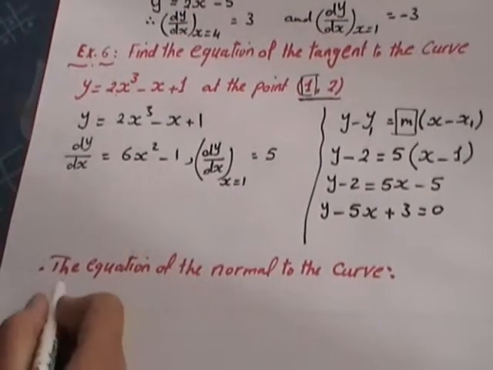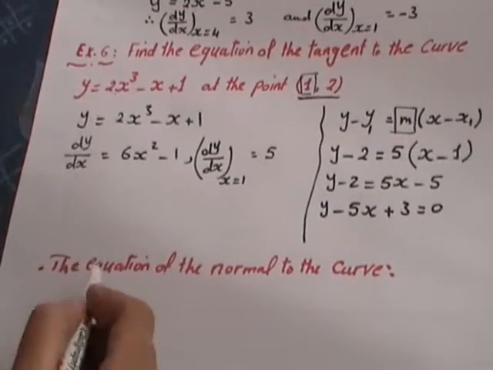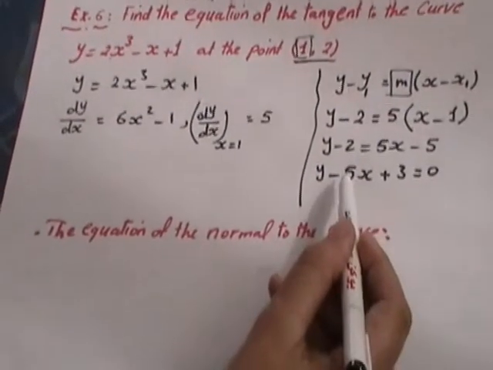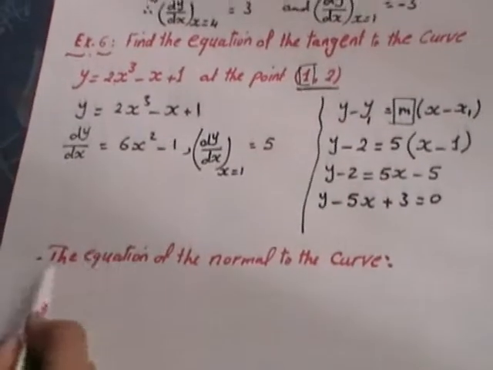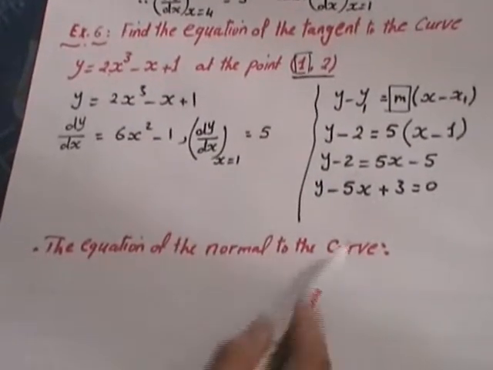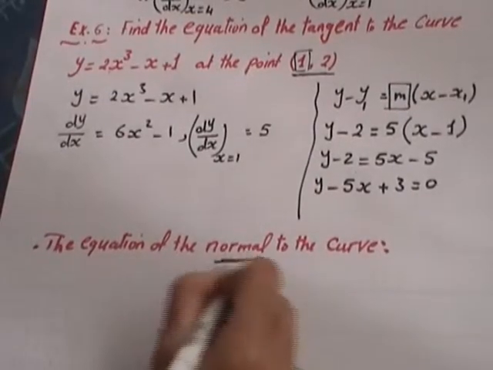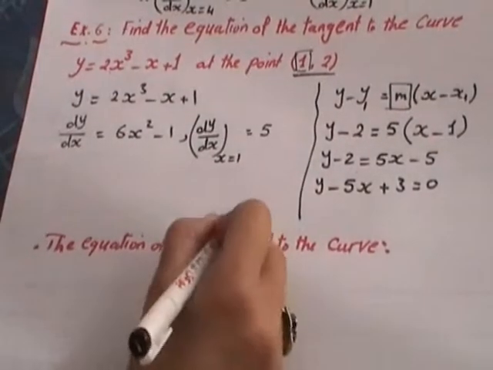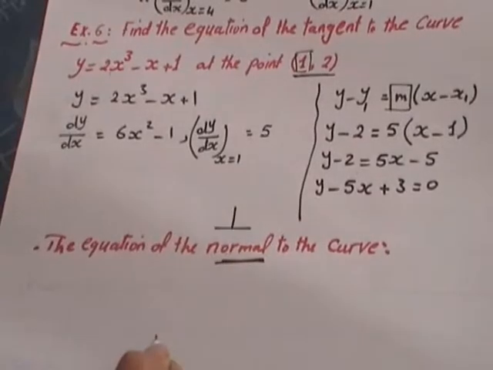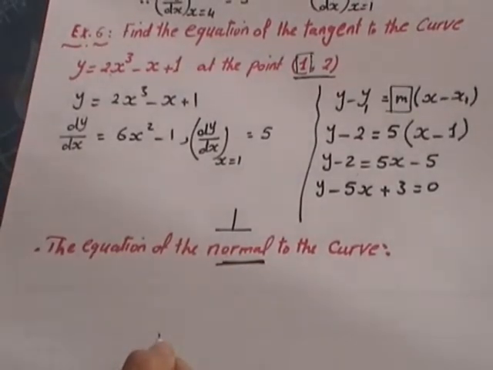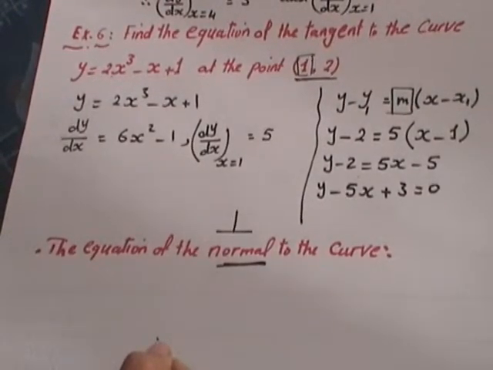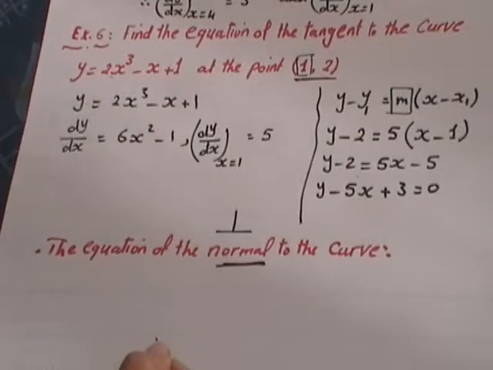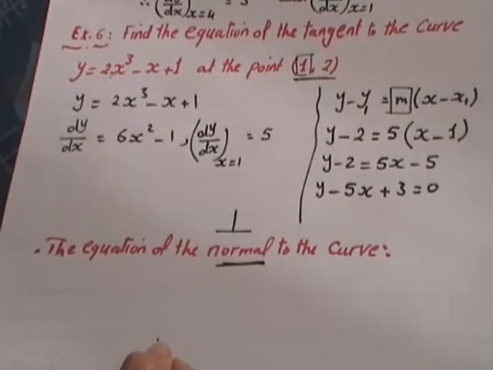Now, another form of the equation he asked about is the equation of the normal to the curve. What is the meaning of the normal? Normal means orthogonal or perpendicular. We know that for two perpendicular straight lines, the product of their slopes equals -1.